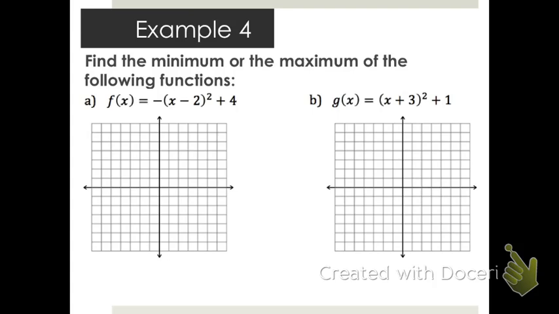So real quick, let's do some examples. My vertex here is 2, 4. So let's graph my vertex. 2, 1, 2, 3, 4. I see that I have a negative a value. So my parabola is going to do something like this. Probably not as wide, but I really don't care.